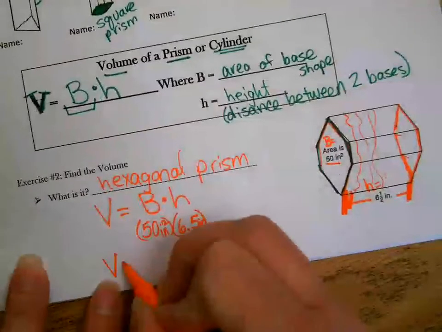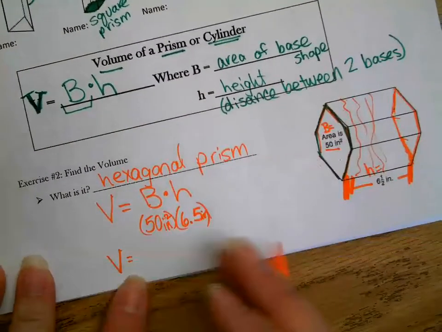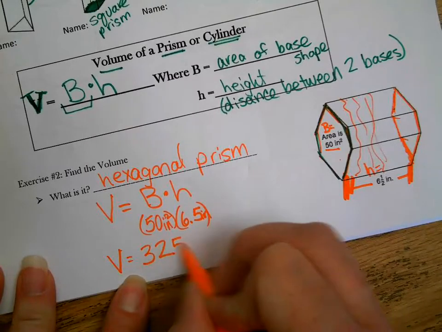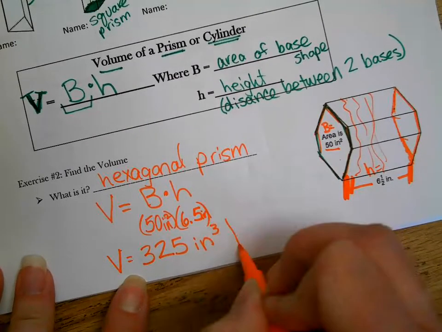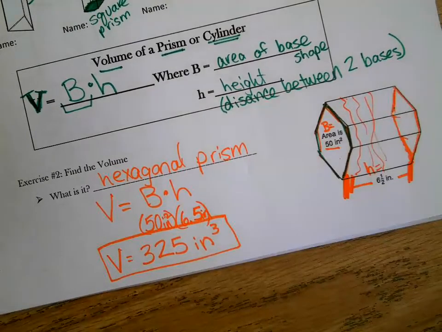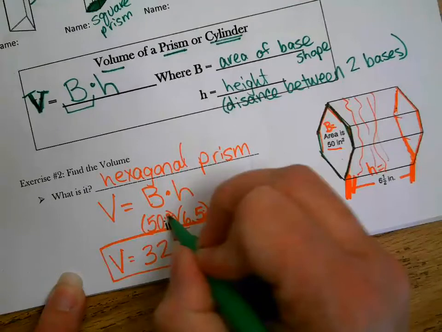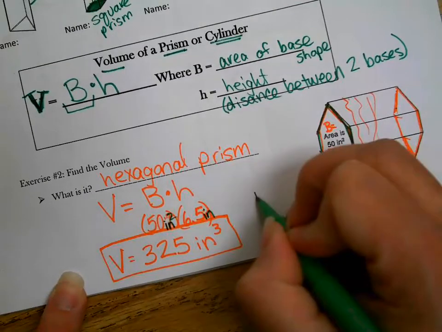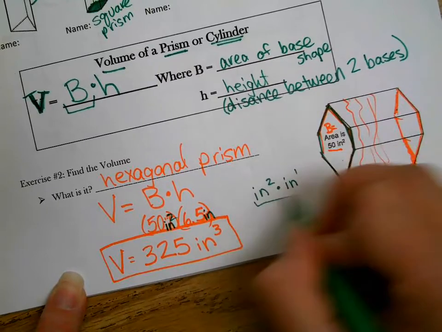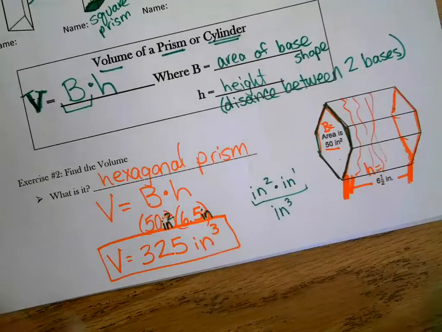So volume is measured in cubic units, a length, a width, and a height. So we have, again, 325 inches cubed here. And that comes from these inches squared times more inches. If I just look at the units, inches squared times one more inch becomes inches to the third power, if you just think about the units.